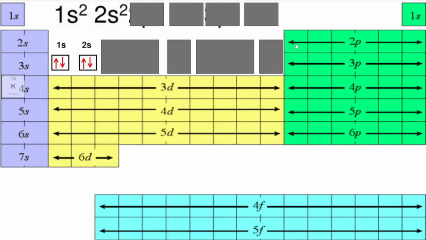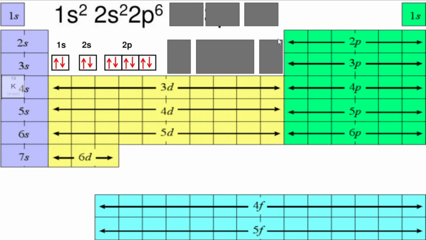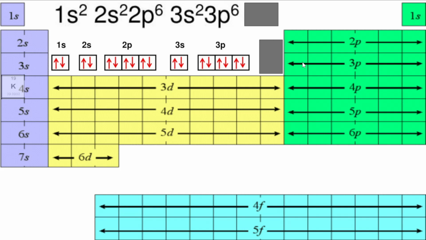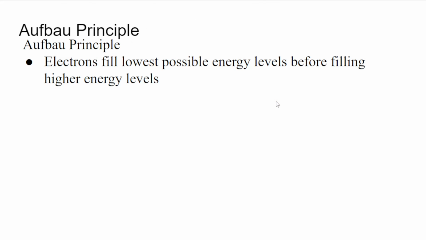We have the 2p block, right? We have 1, 2, 3, 4, 5, 6. So 2p6. Then we have the 3s. There's only 2, so it's 3s2. Then we have the 3p. Again, we have 6. And then, of course, down here in the 4s, since we're in the first spot of the 4s, it's going to be 4s1 for the first spot.